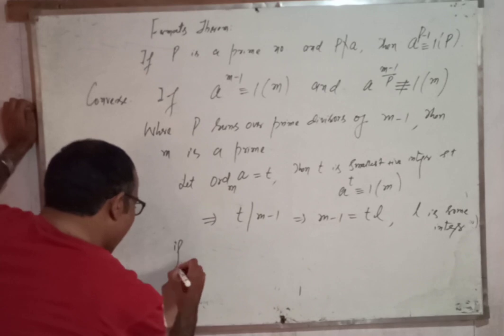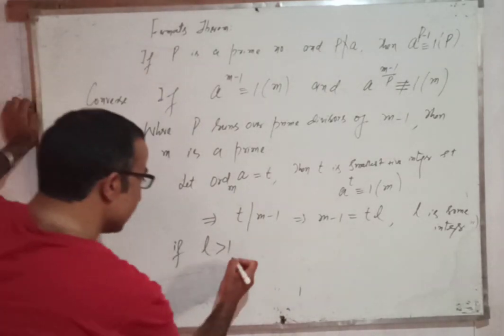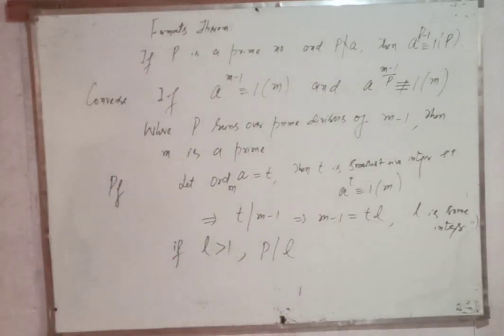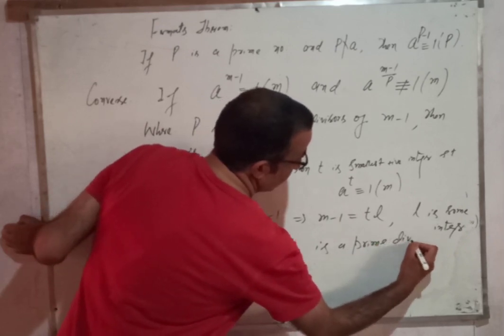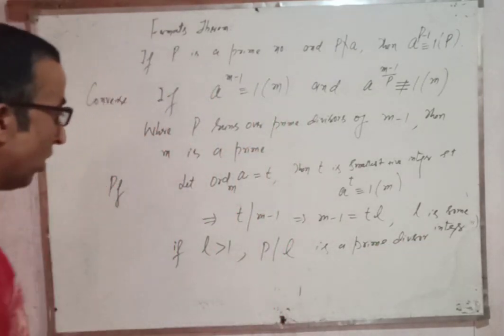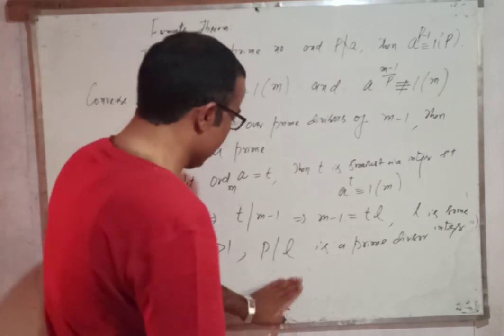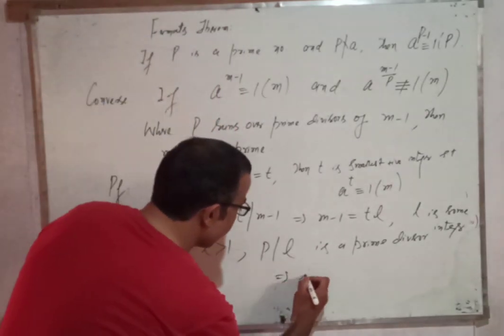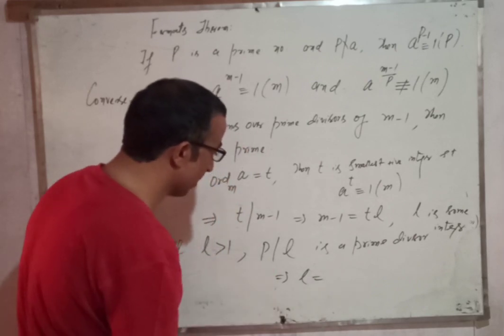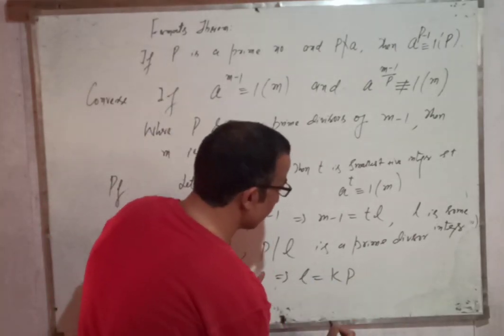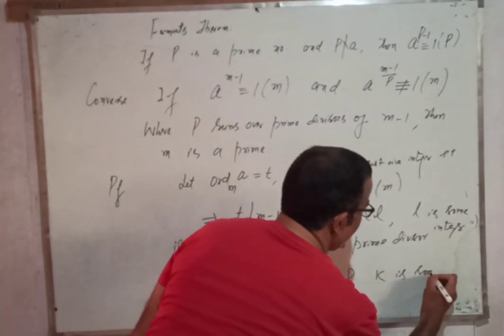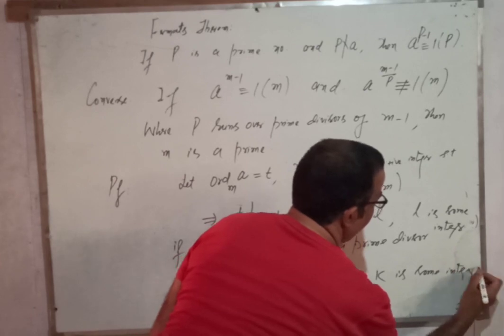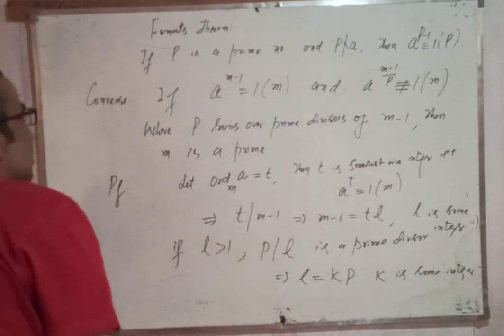If l is greater than 1, then I will choose a prime divisor p of l. So p will divide l, means l I can write as some k times p, where k is some integer.